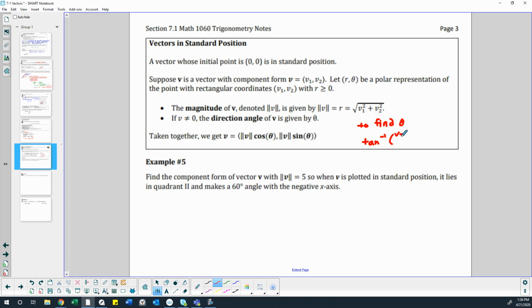It would be v2, the y value, over v1, the x value. And then you have to adjust for the quadrant to make sure you put it in the correct quadrant because inverse tangent will only be quadrant 1 or quadrant 4. So just a reminder to adjust for the quadrant.